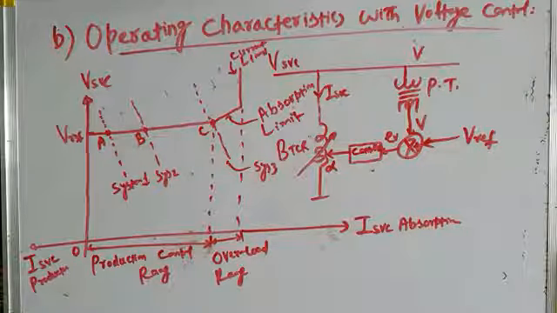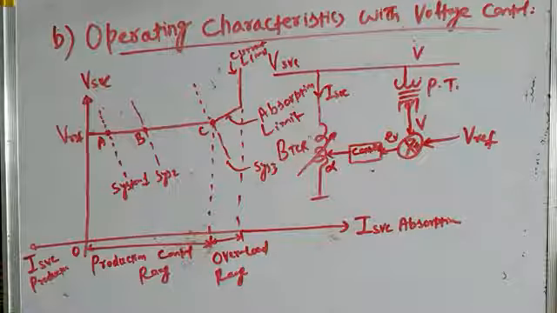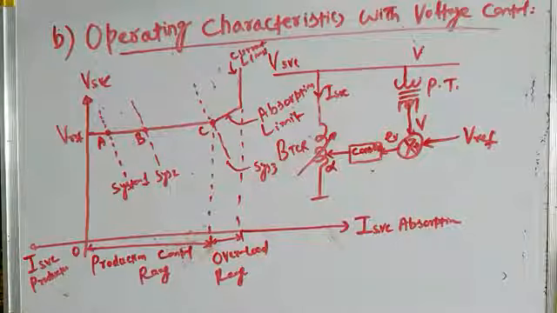I repeat, if the load draws lagging VARs, that means the load power factor is lagging. It draws lagging reactive power, that is, lagging VARs flowing over the line. Then there is voltage drop across the transmission line reactance and the bus voltage decreases.